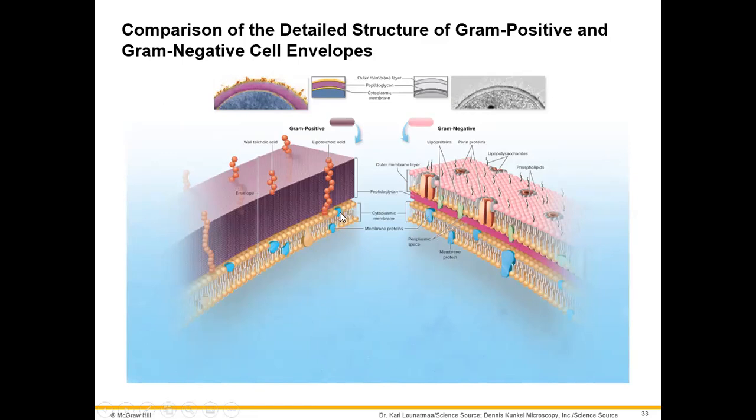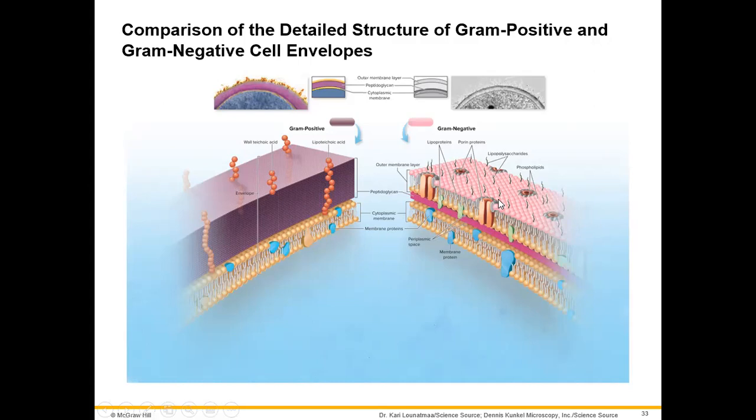You can have enzymes, various structures that enable things to get in or out of the cell. In the Gram-positive bacteria, they have that thick cell wall. They also have a structure called teichoic acids that attaches to the cell membrane and spans the entire cell wall. Viruses that infect the bacteria can bind to these teichoic acids.